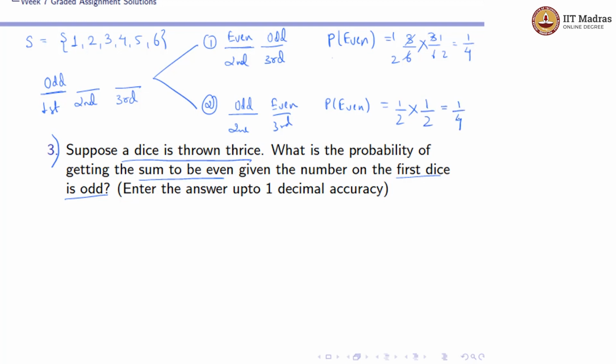So the probability of getting the sum to be even on 3 throws of a dice is going to be 1 by 4 plus 1 by 4, because both the cases are possible. Either this will happen or this will happen. So this is 1 by 2, that is 0.5. So this is our correct answer.